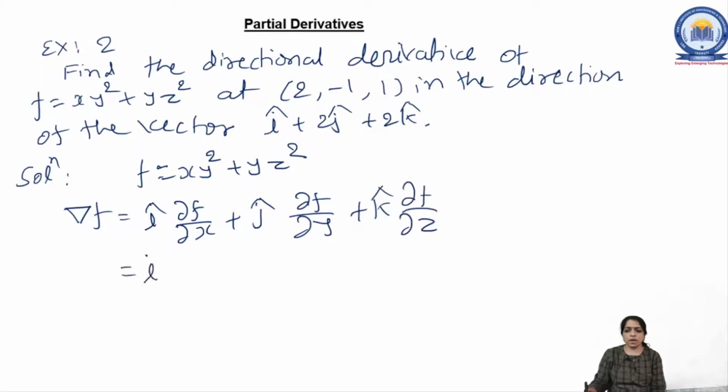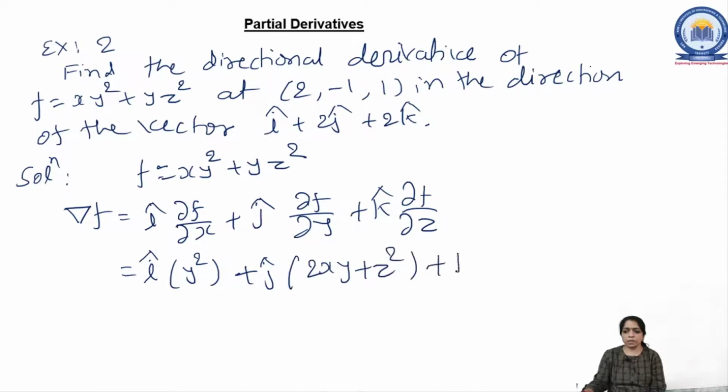So the derivative of f with respect to x is y², the derivative of f with respect to y is 2xy plus z², and the derivative of f with respect to z is 2yz. Now we want to find the gradient of f at the point (2, -1, 1), so by putting x equal to 2, y equal to -1 and z equal to 1.